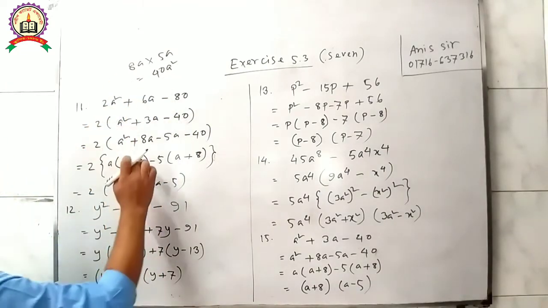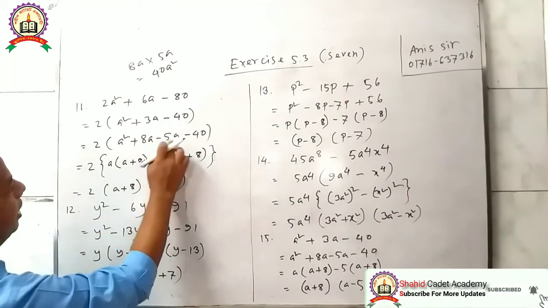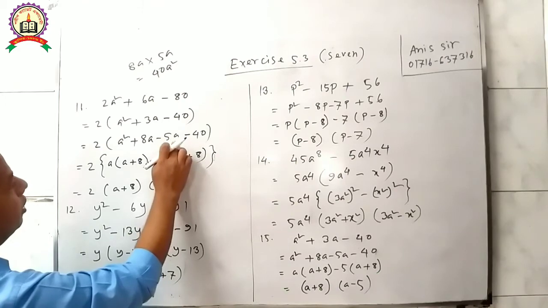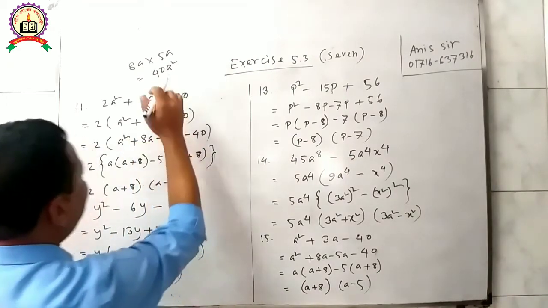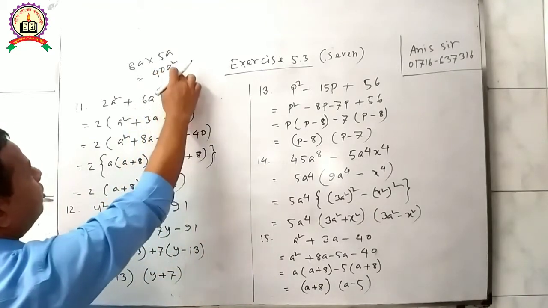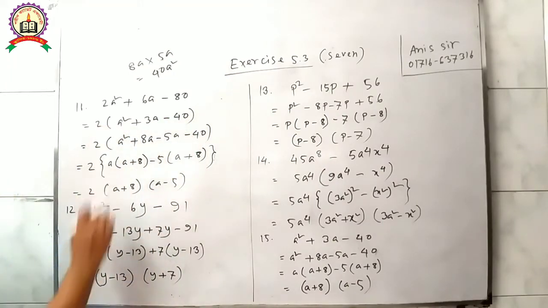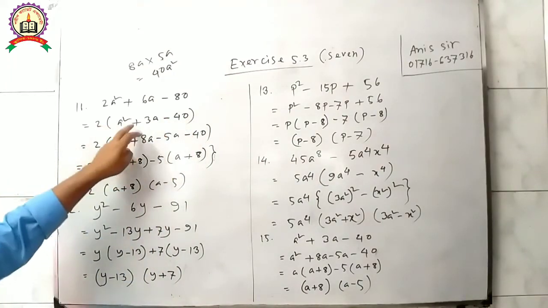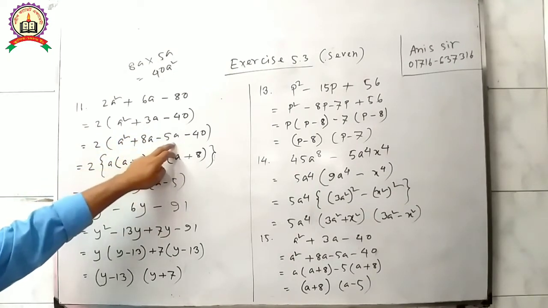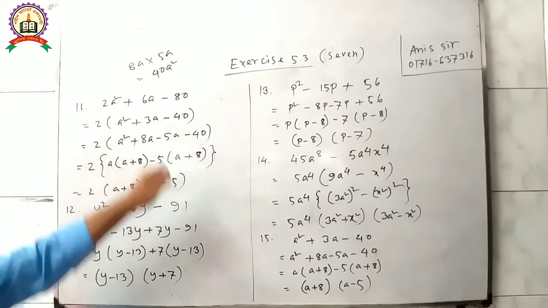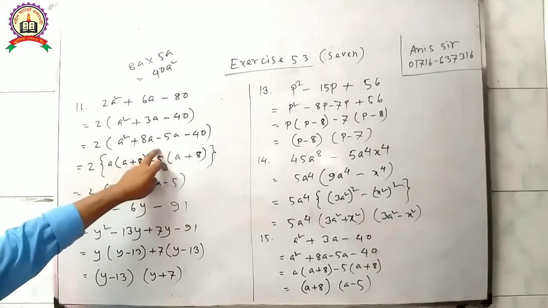And if we add and subtract, plus 8a minus 5a, then we get plus 3a. So we have to separate the middle term in this way.